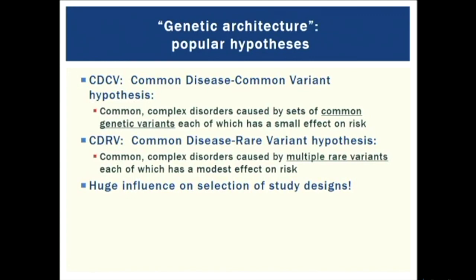And then there's the common disease, rare variant hypothesis that says that common complex disorders are caused by sets of rare variants, each of which has a modest effect on risk. And which one of these you ascribe to has an enormous influence on the study designs that you choose.